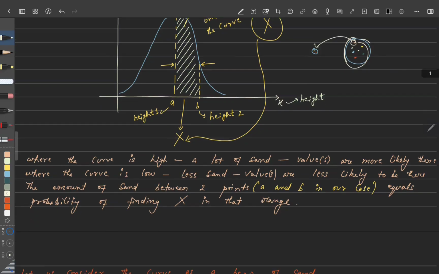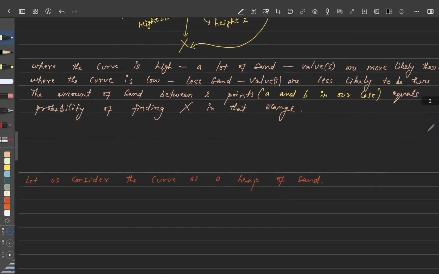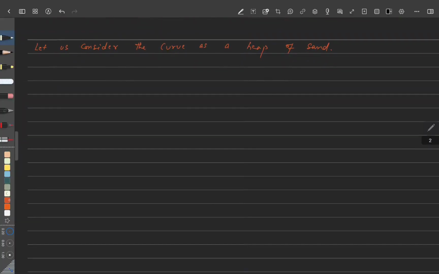Let us understand using an example with simple calculations.